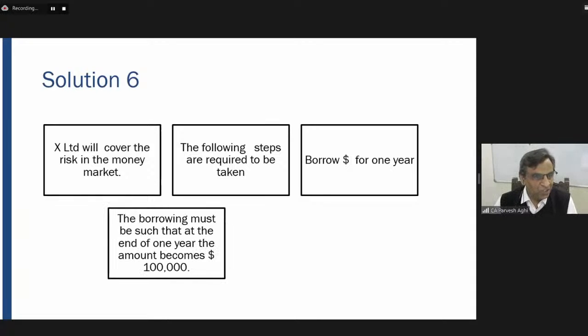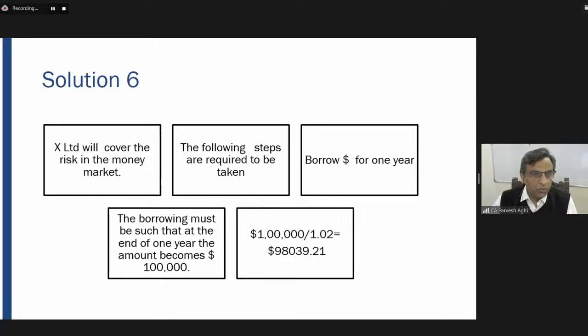So the borrowing must be such that at the end of 1 year, the amount becomes $1 lakh. That means he should borrow $98,039.21, so that the amount becomes $1 lakh. Then he's going to receive the $1 lakh from his customer, which will settle this loan.